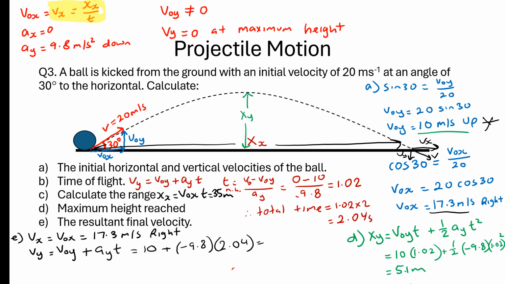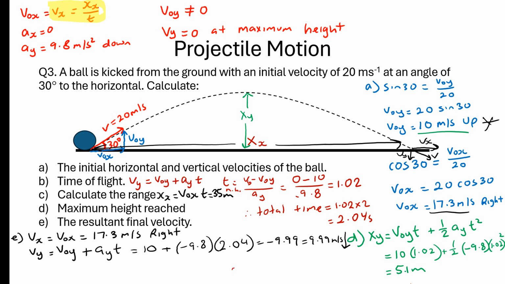So let's write down the answer. So minus 9.99. I will just round it to 2 decimal places. So Vy equals minus 9.99, which is 9.99 meters per second, and the direction is downwards.